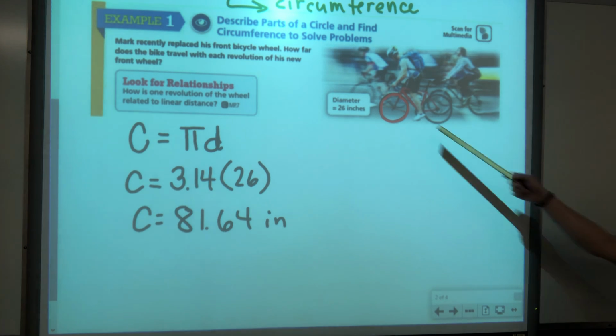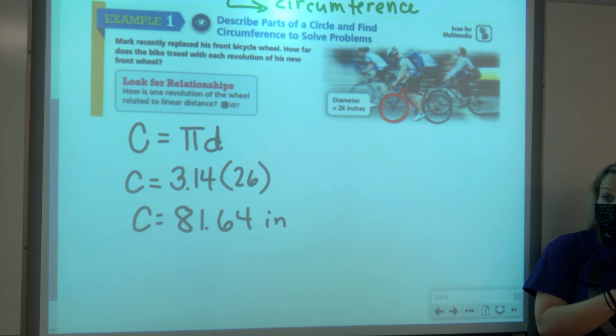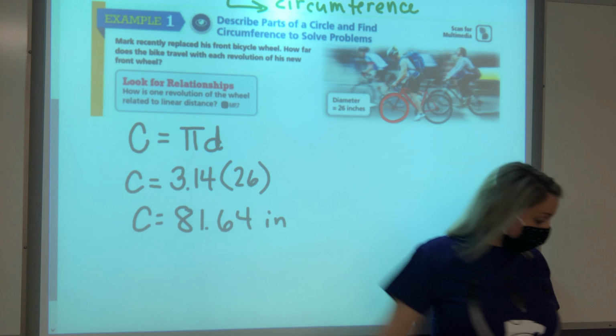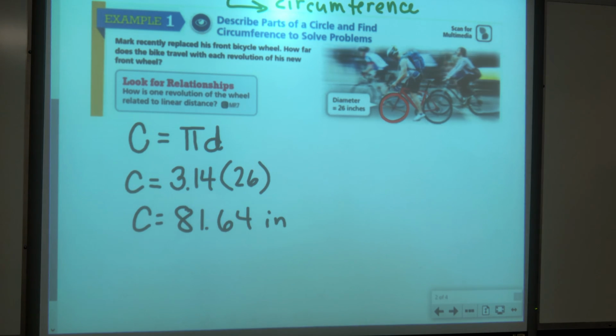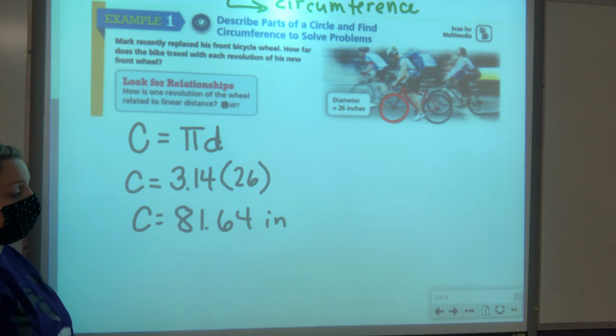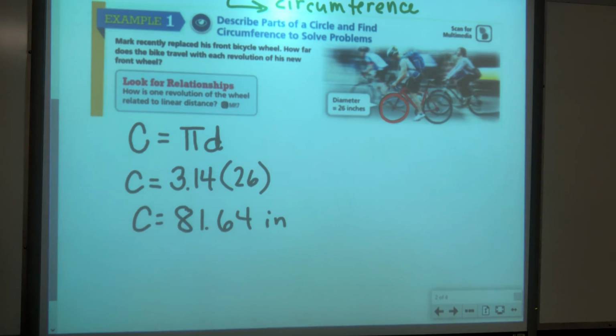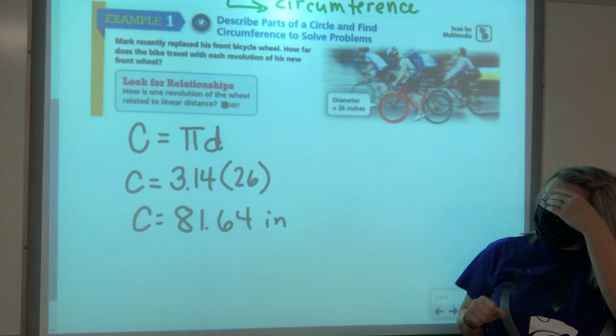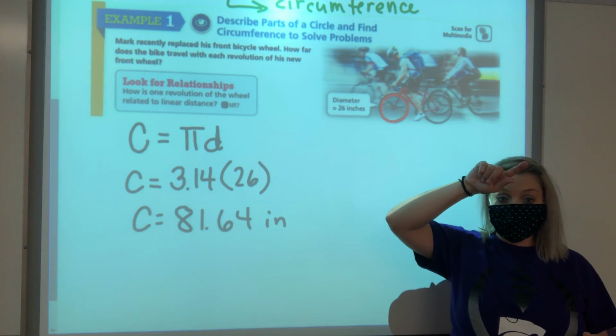So if we took this bike tire and we cut it and we laid it out between me and Mason, we'd get 81 and 64 hundredths of an inch, which is from me to Mason. It's a big bike tire. Right? But those road bikes, they do have very large tires. They're really skinny, but they have large tires. Go ahead, sit down. Thank you. So that's how we use information to calculate the distance around a circle.